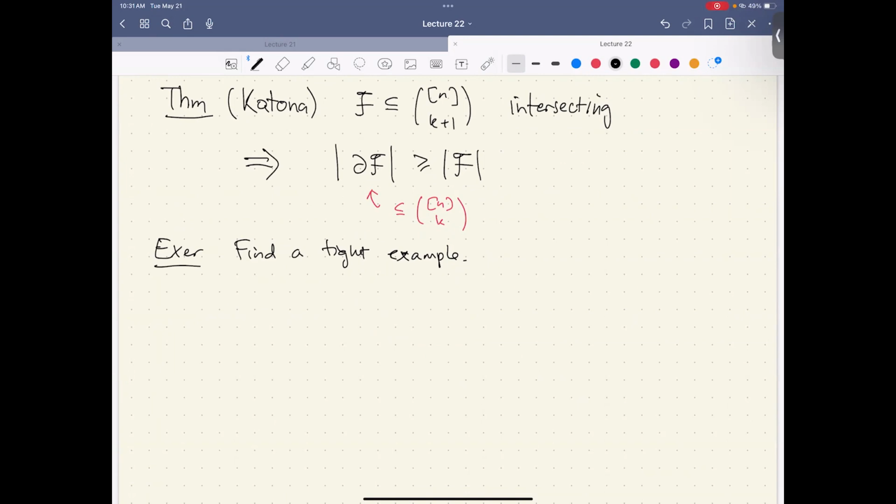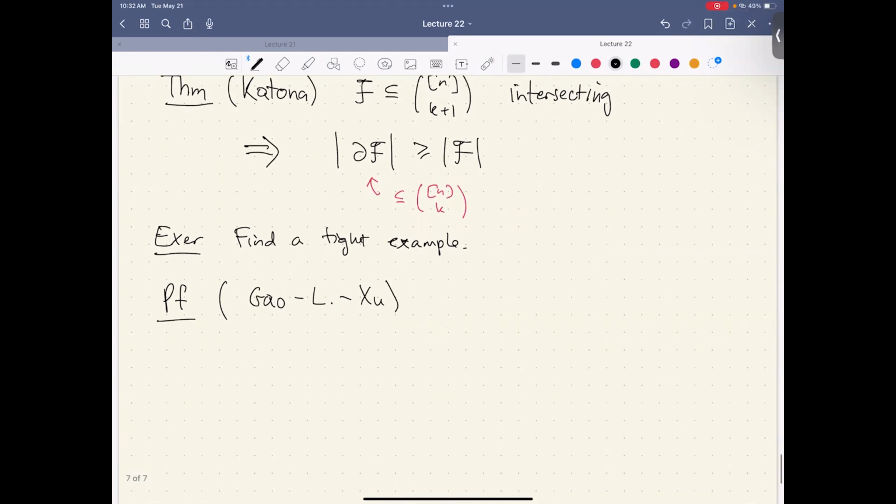So the hint is that this new proof is by Jing Gao, myself, and Zixiang Xu, recently, using this new twist.